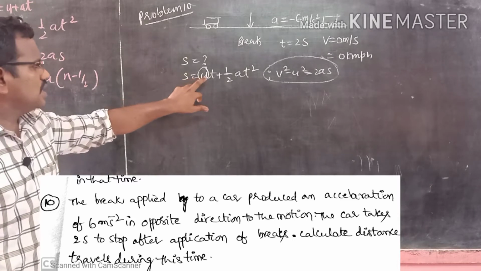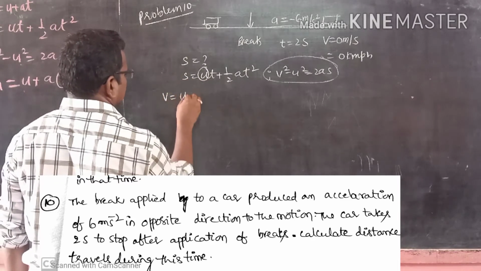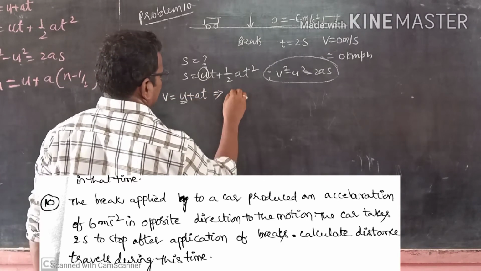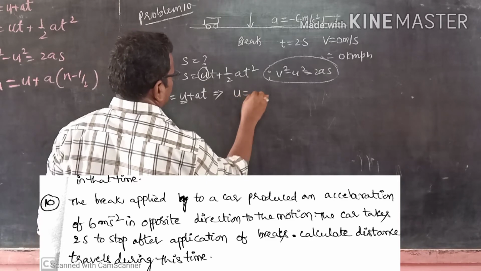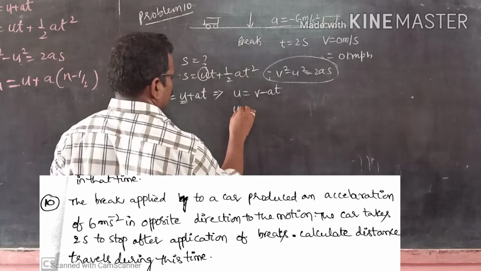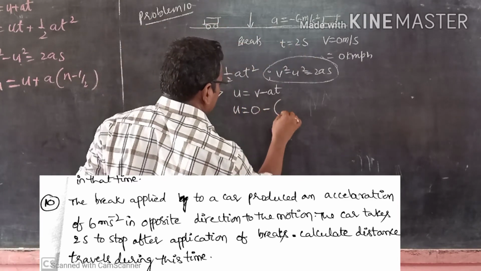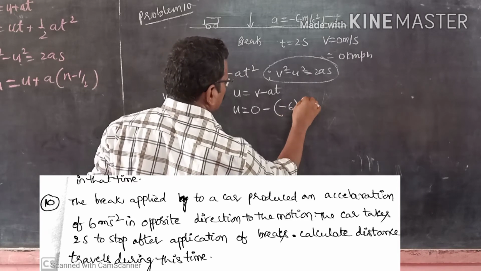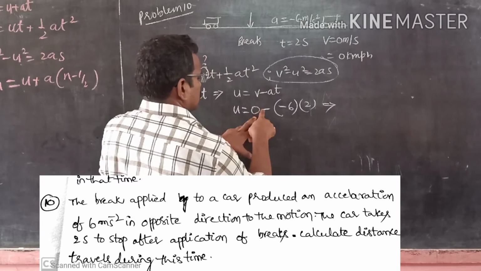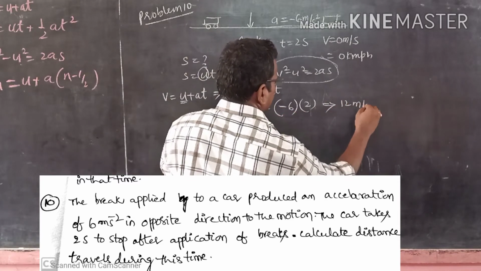So first of all, let us find out the initial velocity by applying the formula v is equal to u plus at. I require u, so u is equal to v minus at. Now u is equal to v, which is 0, minus of minus 6 into 2. Now this value becomes 0 plus 12, so that is nothing but 12 meter per second.